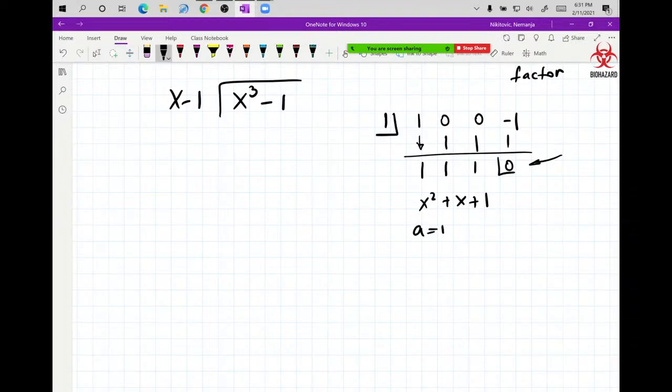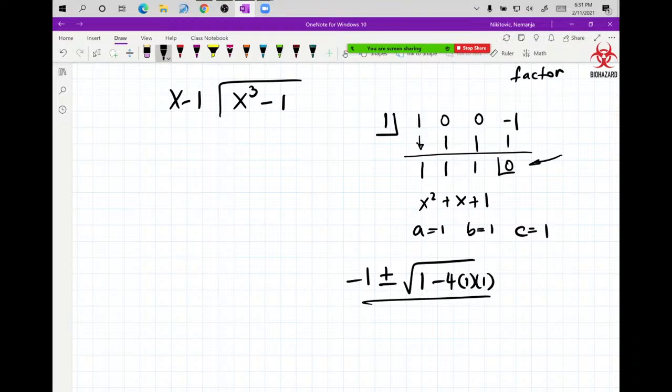A is 1, B is 1, C is 1. Negative b plus or minus the square root of b squared minus 4ac, divided by 2a. Oh, great, they're complex, right? Well, of course they're complex, because a lot of people don't know they even exist. They just say, oh, cube root of 1 is 1. Yes, and what else? So we're going to see what else.